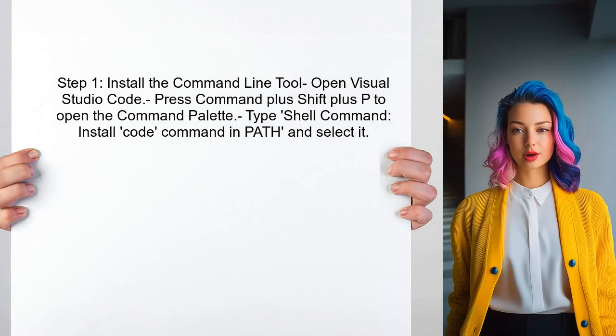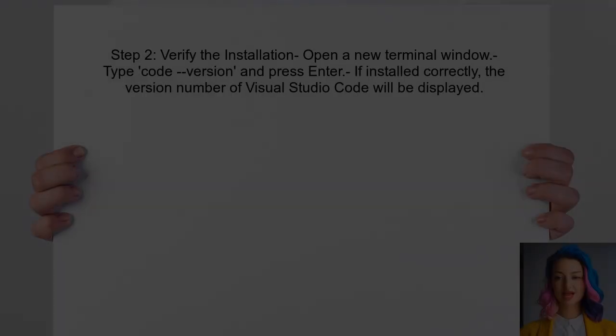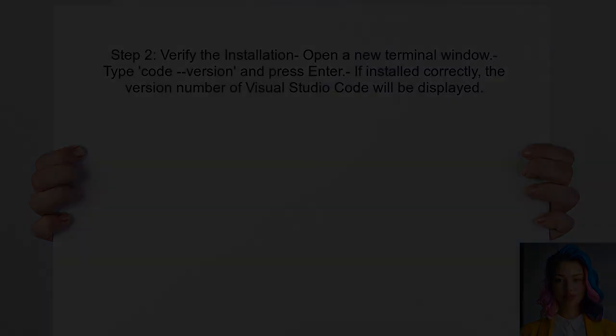To run Visual Studio Code from the command line, the user first needs to ensure that the command line tool is installed. This can be done directly from Visual Studio Code. After installing the command line tool, the user should verify that the code command is now available in the terminal. This can be done by opening a new terminal window.